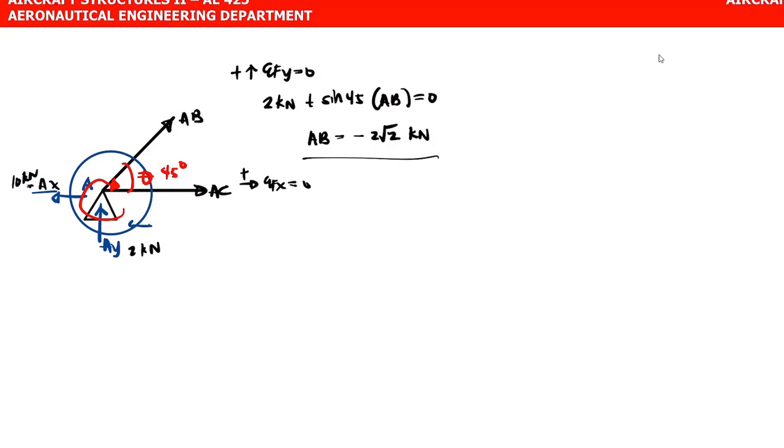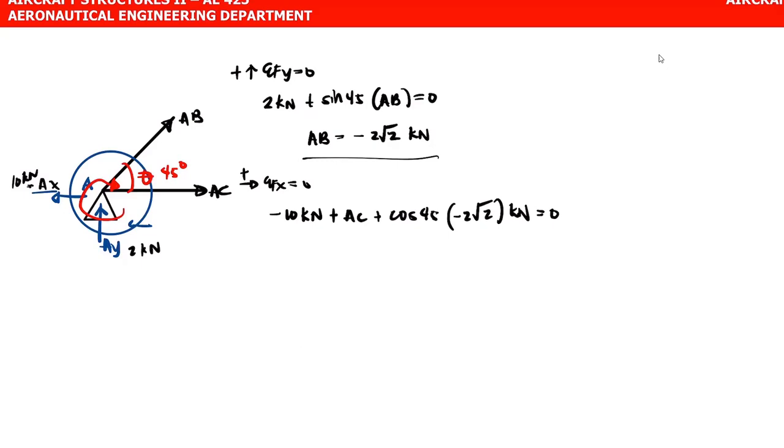Next is summation forces X is equal to 0. Going right is positive. So meron tayong negative AX which is 10 kilonewton plus AC and then positive cosine 45 AB na negative 2 square root of 2 kilonewton is equal to 0.